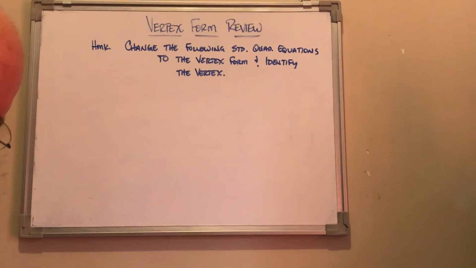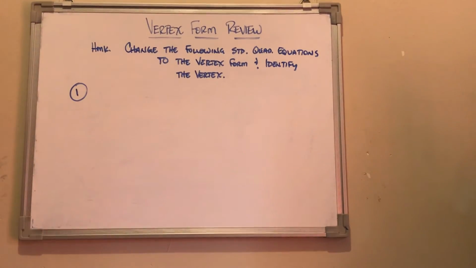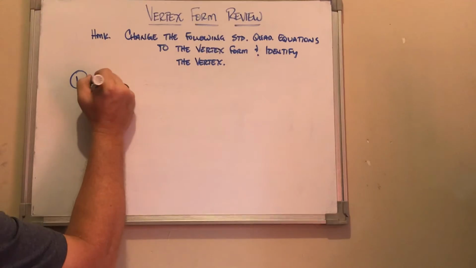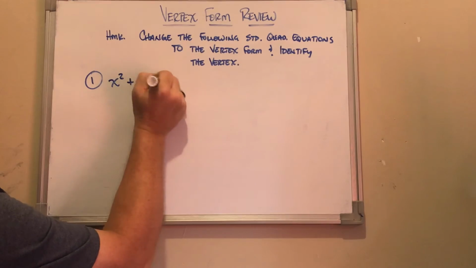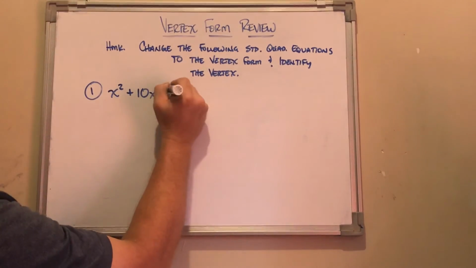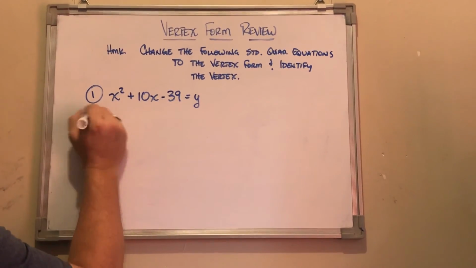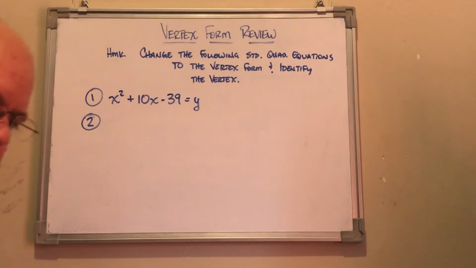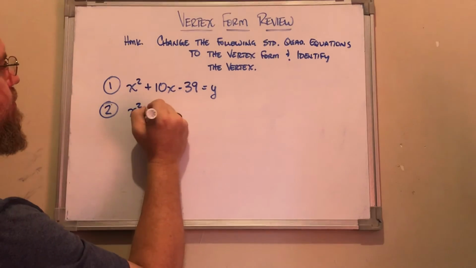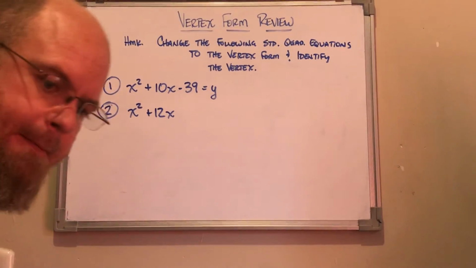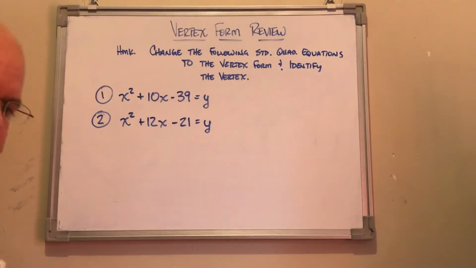So here are some equations for you. Number 1: x squared plus 10x minus 39 equals y. The second one is x squared plus 12x minus 21 equals y.